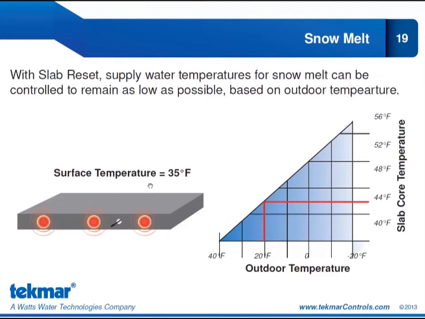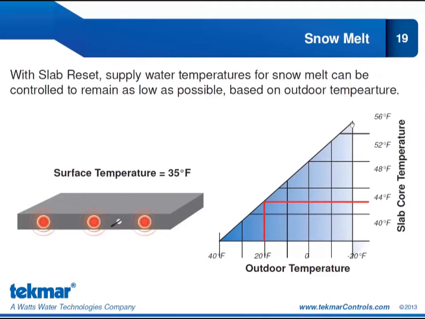So let's say we've set up our snowmelt control to maintain a surface temperature of 35 degrees. As outdoor temperatures rise, so does the required slab core temperature. However, as outdoor temperatures drop, then we're going to need a higher slab core temperature in order to counteract the greater heat loss.